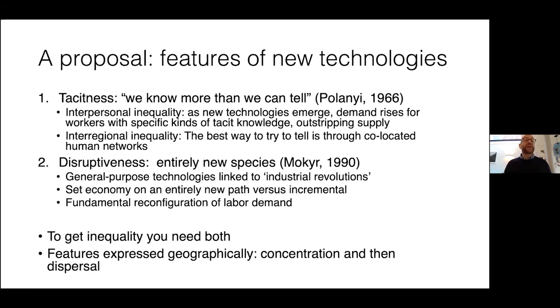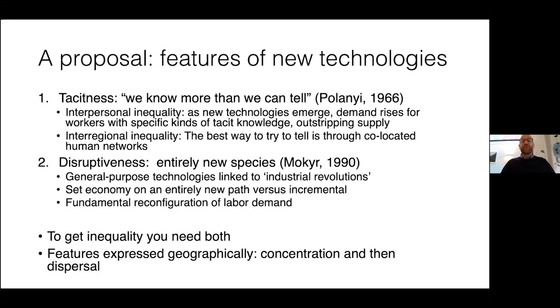And of course, we can think about how this is related to interpersonal inequality in the sense that if you have new technologies that emerge, you will have rising demand for workers with the particular kinds of tacit knowledge that are required to work with those new technologies. We can't instantly generate a supply of new workers like that. And so this imbalance between demand and supply leads to high relative rewards for those in the know.